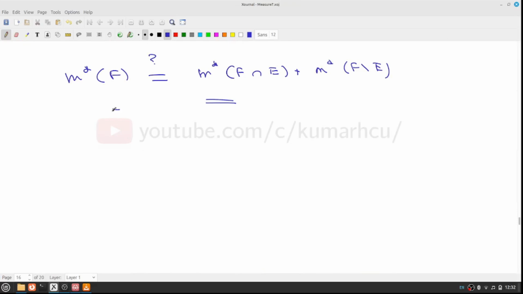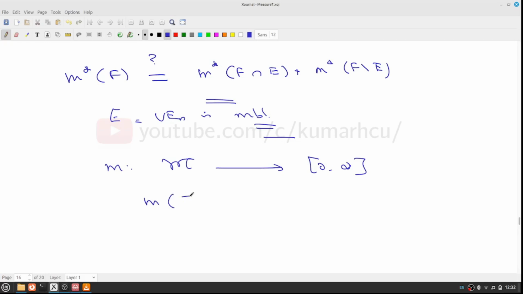So what you have done is show that E equal to the union of En is measurable. Therefore, if I look at m from the class of measurable sets to 0 to infinity, what properties does it have? It has m of an interval is the length of the interval, and it is countably additive.